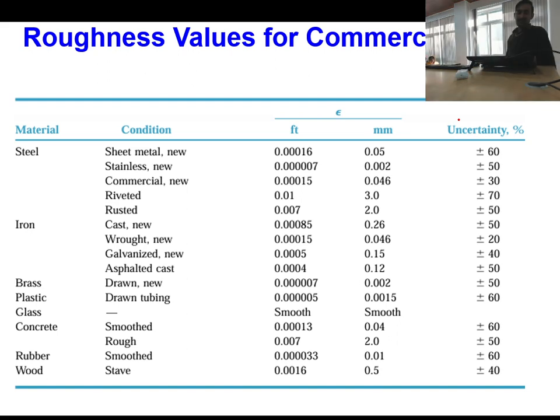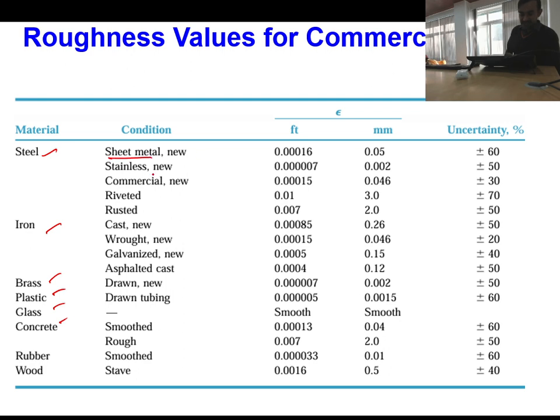So these are certain values of roughness for the majority of commercial ducts. You can see the materials: steel, iron, brass, plastic, concrete, etc., which are the common construction materials for ducts, and these are the conditions.